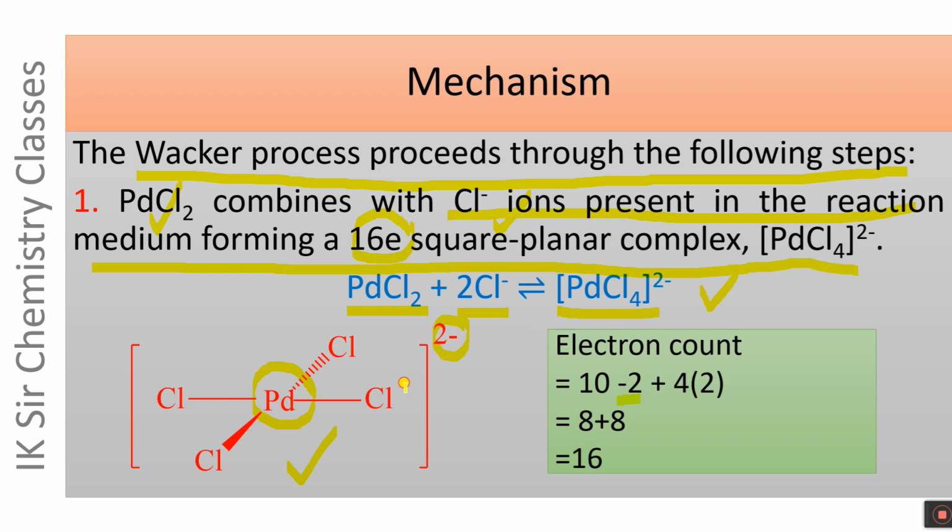Each Cl- ion contributes 2 electrons, that is 1 electron pair to the electron count, and hence 2 into 4, because there are 4 Cl- ions, it will be 8. 8 plus 8, that is 16. The electron count of Pd2+ ion in PdCl4 2- ion is 16. It is a 16 electron square planar complex.